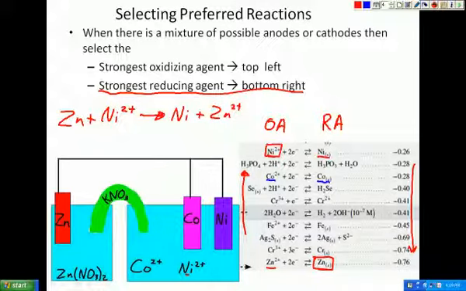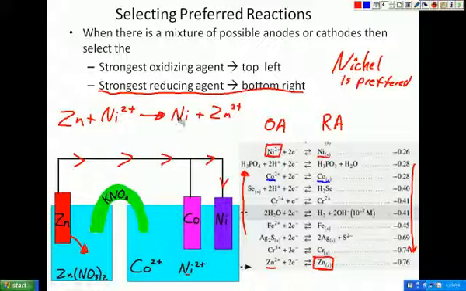So let's fill in right here. Cobalt is not going to be used. Nickel is our preferred reaction. What is happening is zinc is turning into zinc 2+, so it's coming out into solution, and therefore it is losing 2 electrons, and the electrons are flowing in this direction.